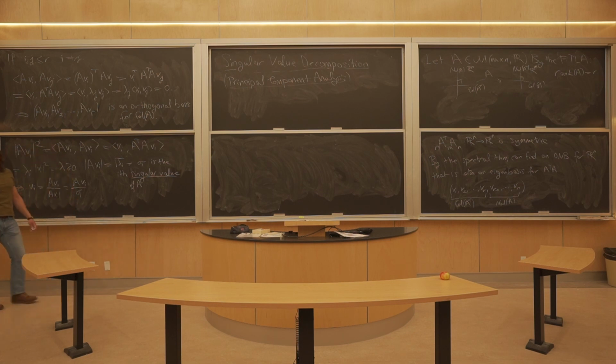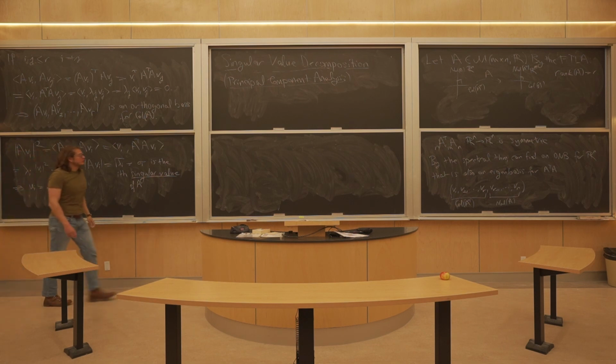Yeah, it's a convention. Singular values are positive numbers. Yes. The denominator on that one? A times vi norm. So I had an orthogonal basis here for the column space. And now I'm orthonormalizing them.